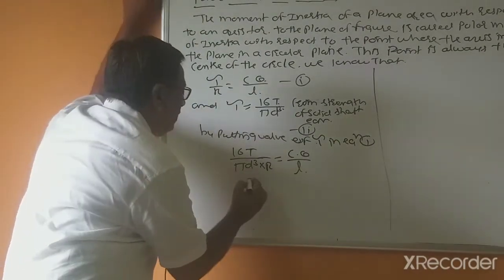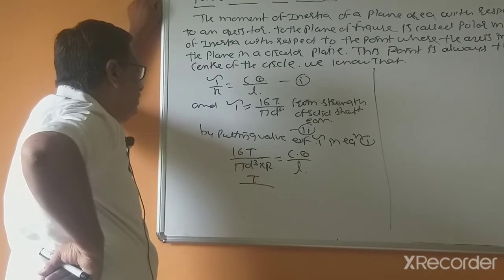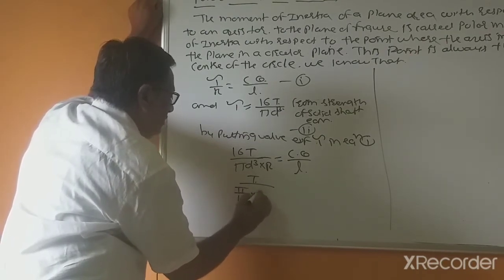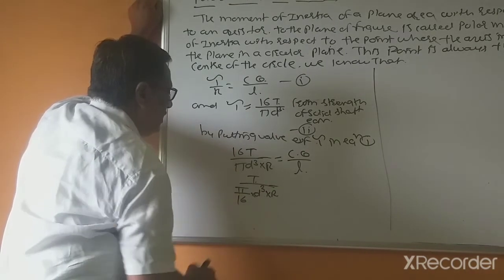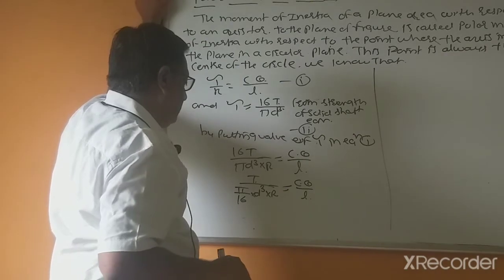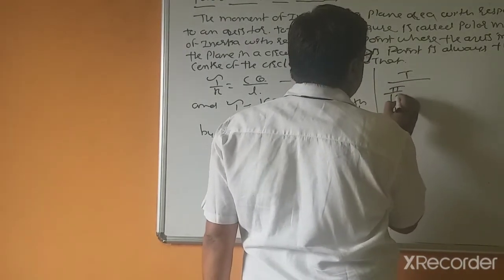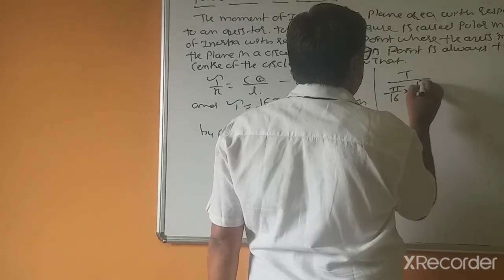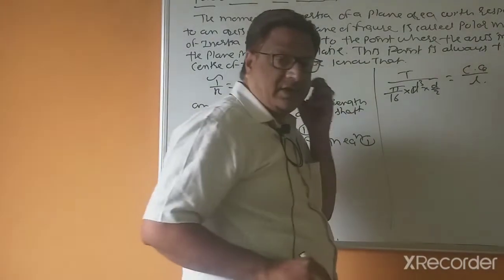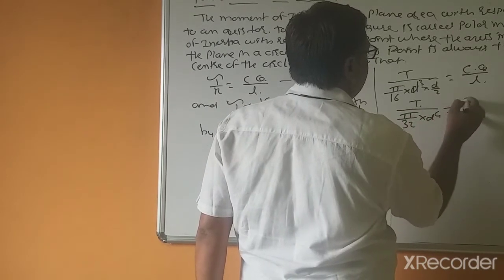So that's why this is t divided by pi by 16 into d cube multiplied by r into c theta divided by L. So this is t divided by pi by 16 d cube, and this is d divided by 2 equal to c theta divided by L. Now this is pi by 32 d raised to 4.